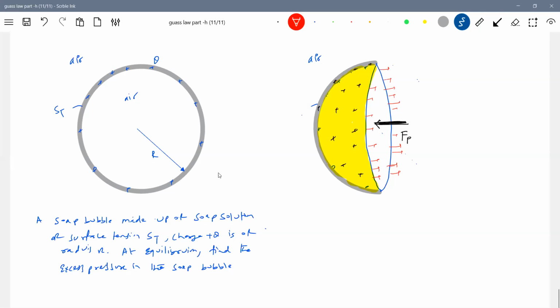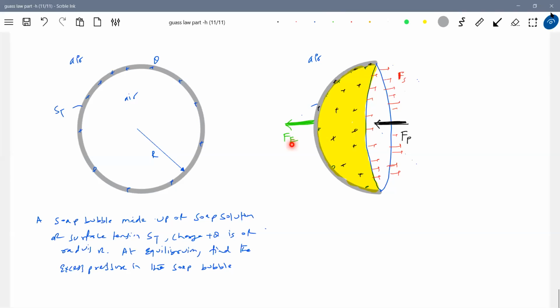So this will be the force due to surface tension, FS. Then will there be any electrostatic repulsion? The left half will try to repel the right half. So an electrostatic repulsion will also act, and that I'll show here. Why this FE? Because the charge present on the right half will exert a force on the left half towards the left. Similarly, the charge on the left half will exert a repulsive force on the right half.